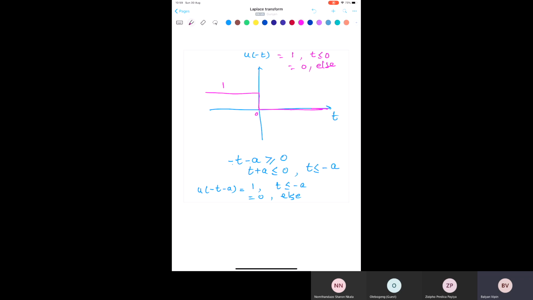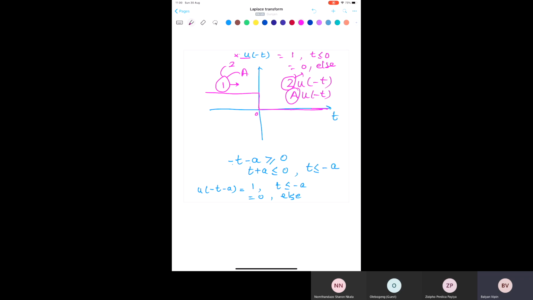Remember this, whatever multiplication factor you have with u(t) will define the amplitude. If nothing is written, the amplitude is 1. u means unit step, so unit step means 1. If something is multiplied, like 2u(-t) or a·u(-t), then the amplitude will become 2, or a. It will only change if you have something in multiplication. Otherwise it remains unit, meaning 1.